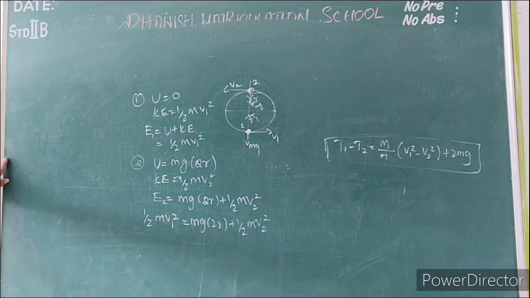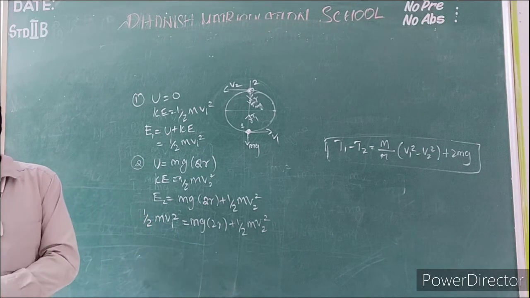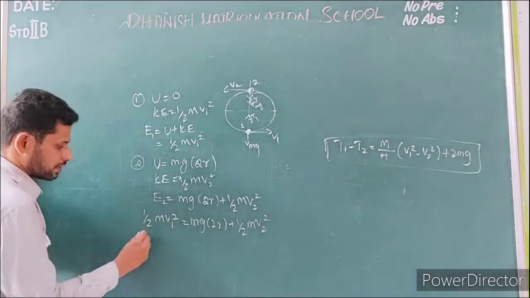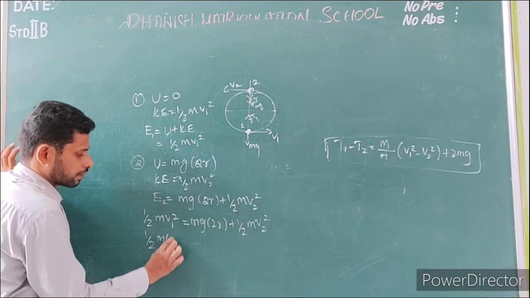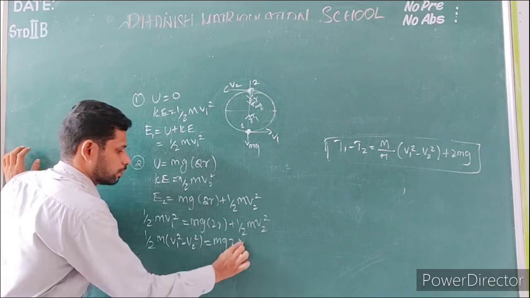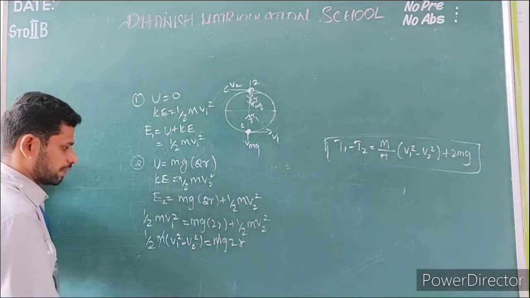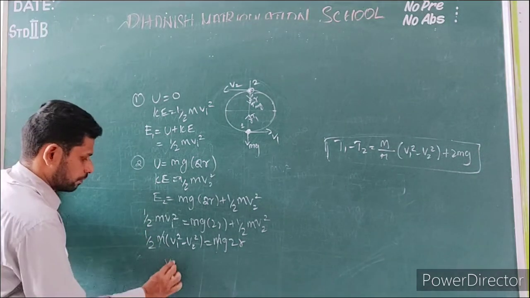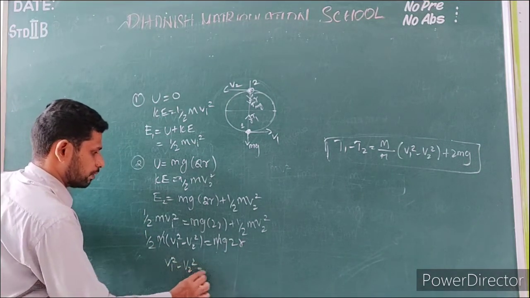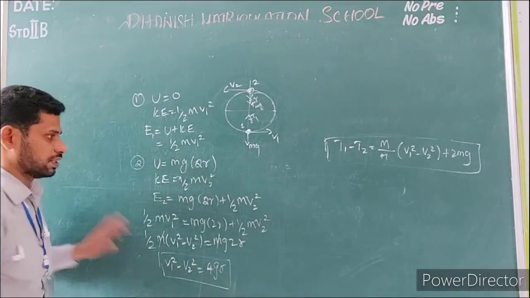Taking this to one side, 1 by 2 m, v1 square minus v2 square will be equal to mg 2r. m will be cancelled, so v1 square minus v2 square will be equal to 4gr.